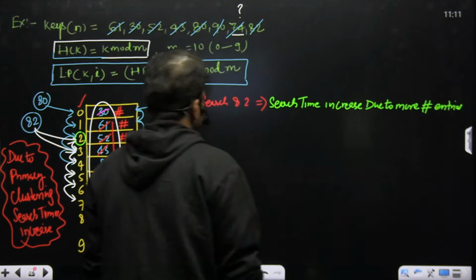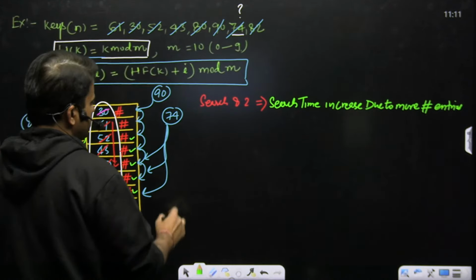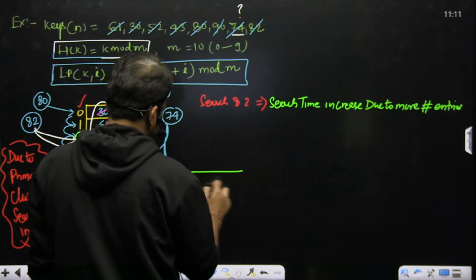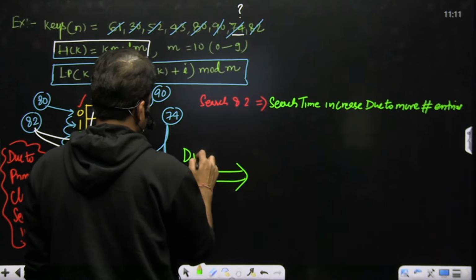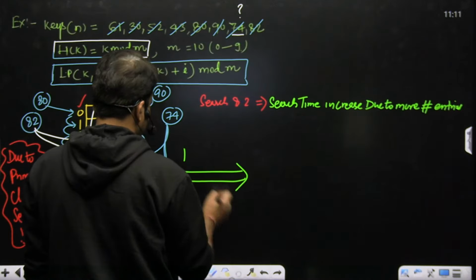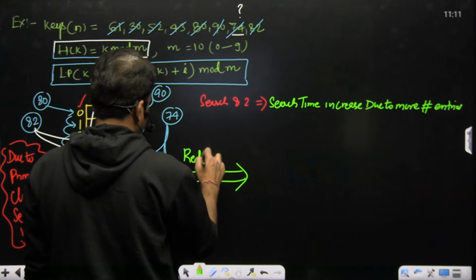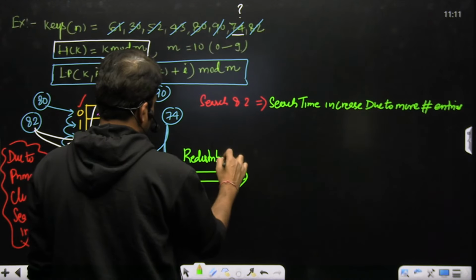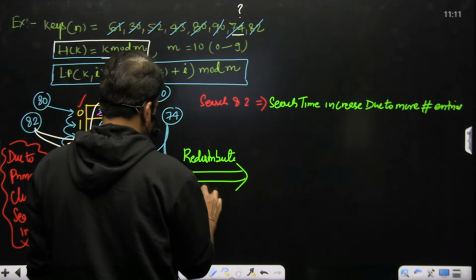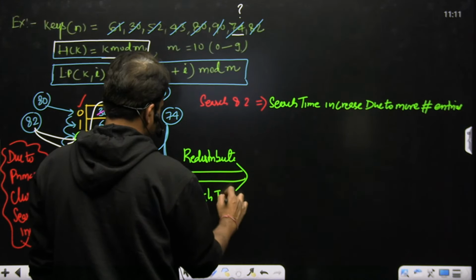So what is the solution for this student? The solution is you have to redistribute hash table. Redistribute this entire hash table student.